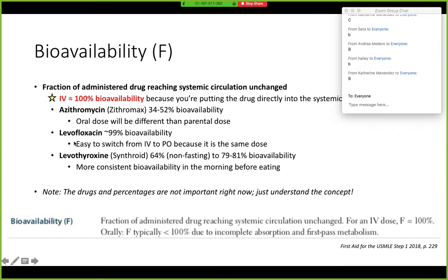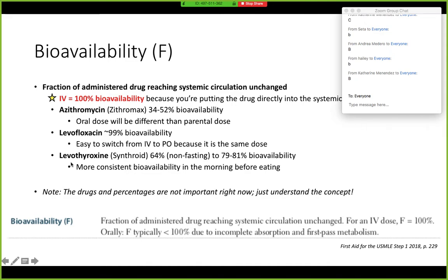Whereas with something like levofloxacin, you can easily switch between IV and PO because it has 99% bioavailability. So you're really not seeing a change there, regardless of which route you choose.